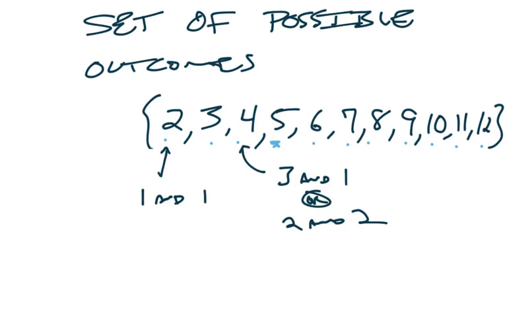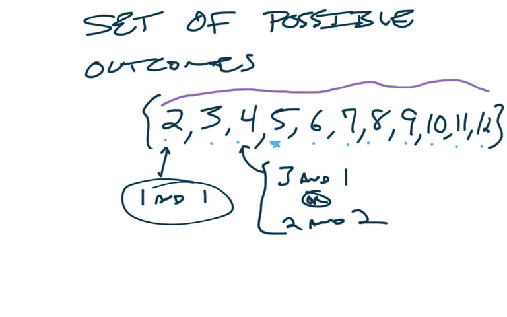Right there, that tells you that a 4 has to be more likely than a 2. Why? There are multiple ways that a 4 can occur, and there's precisely one way that a 2 can occur. So these are not going to be equally likely outcomes.